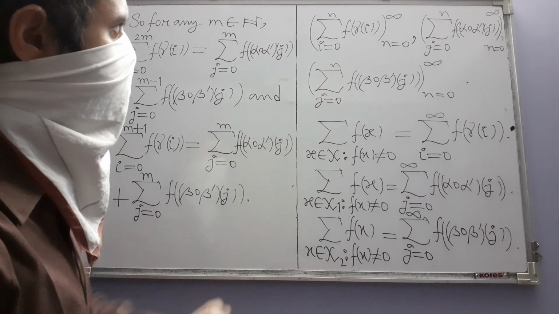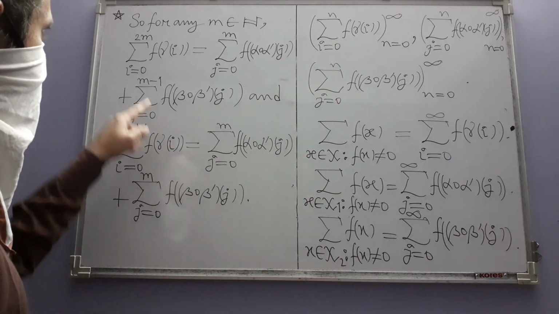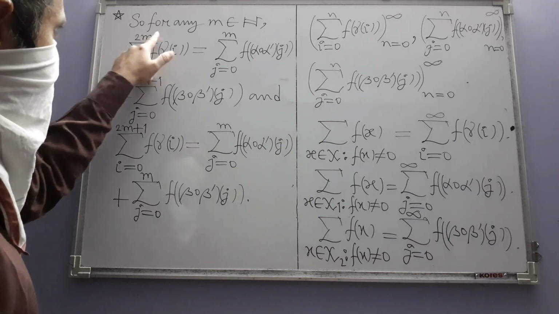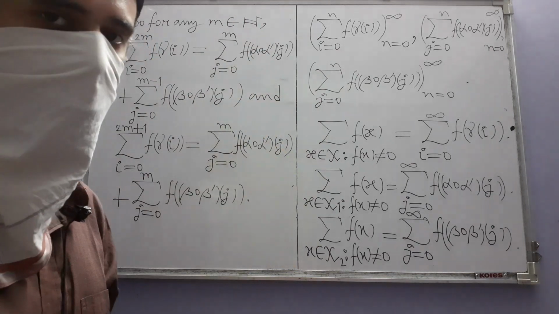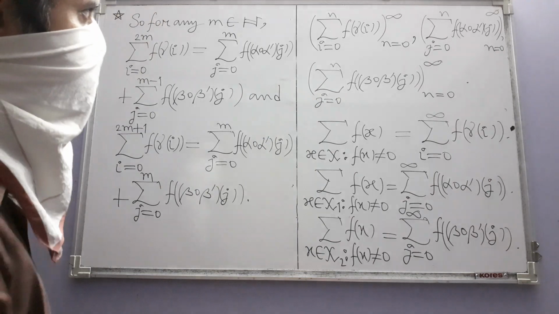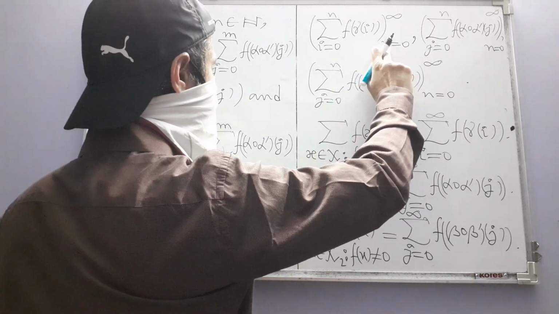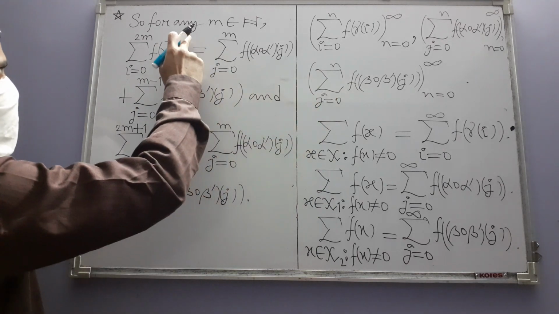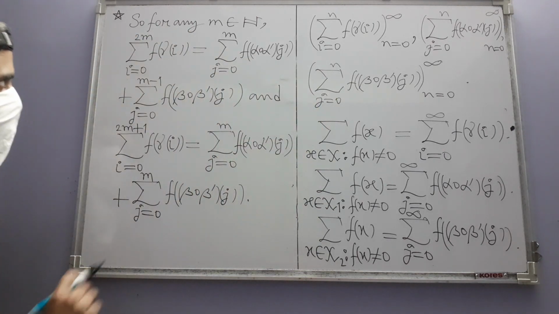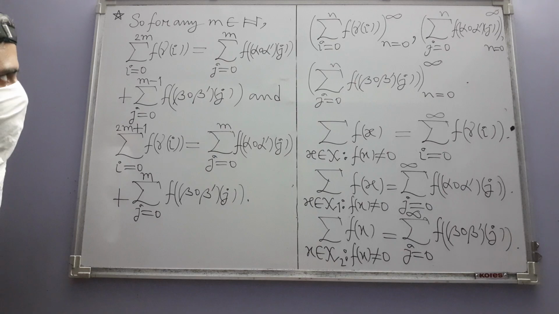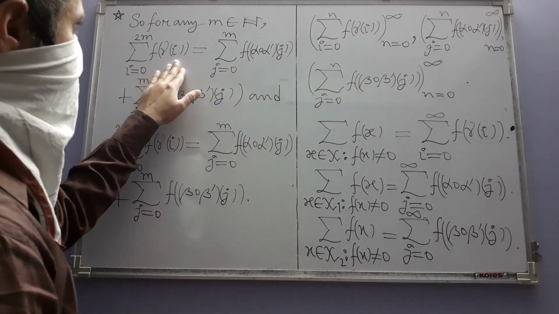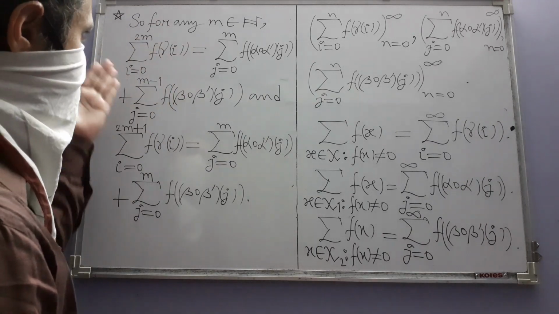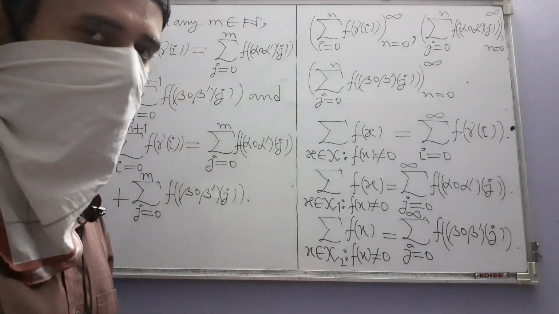subsequences of this sequence, one in which we have only even limits, that kind of sum, that is for even n. That subsequence has these terms, and that is equal to this plus this. So that subsequence has what kind of limit? That will be the limit of this as m approaches infinity.